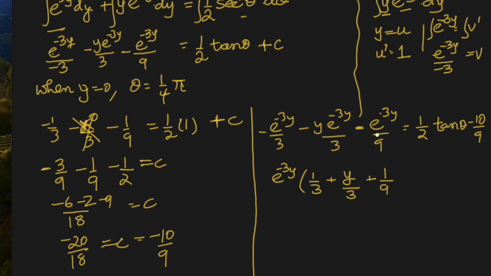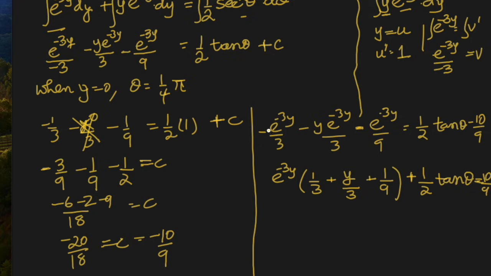Because if these 3 go to the other side, or let's give it like this, plus half tan theta, right, plus, because these 3 came with this, and this minus 10 over 9 will go to the side. Basically, I swap their places.